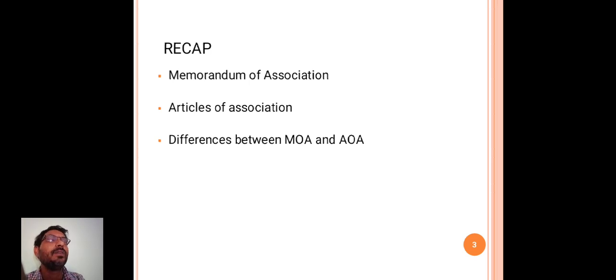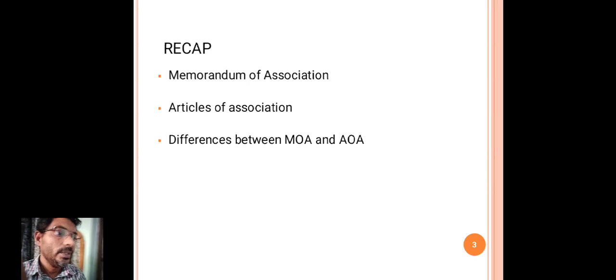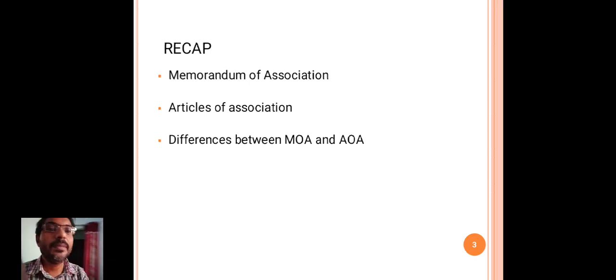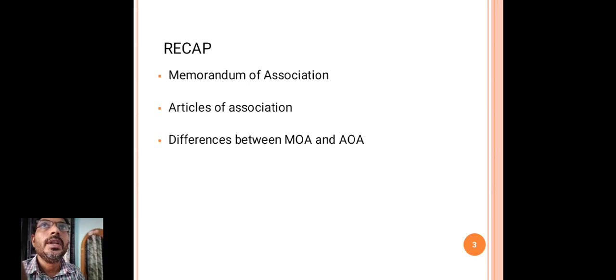And the words limited and private limited, two words. In case it is a public limited company, at the end of the name, limited should be added.